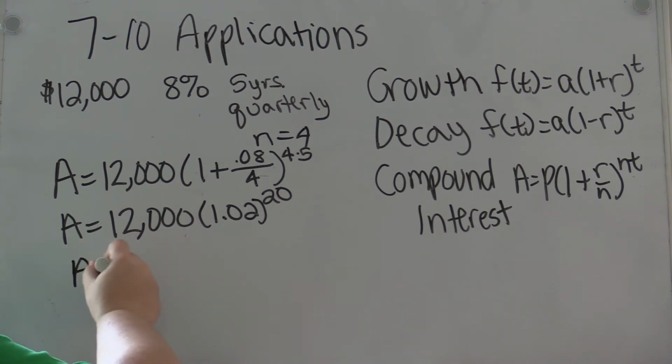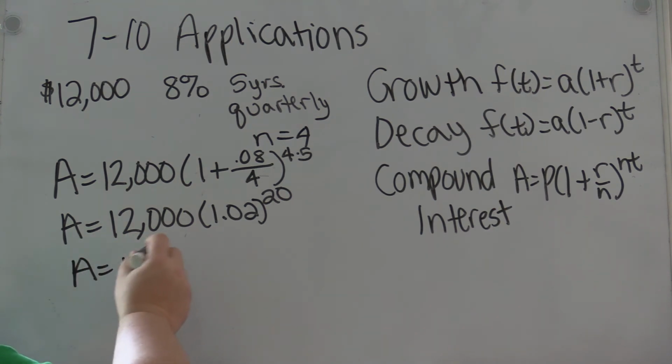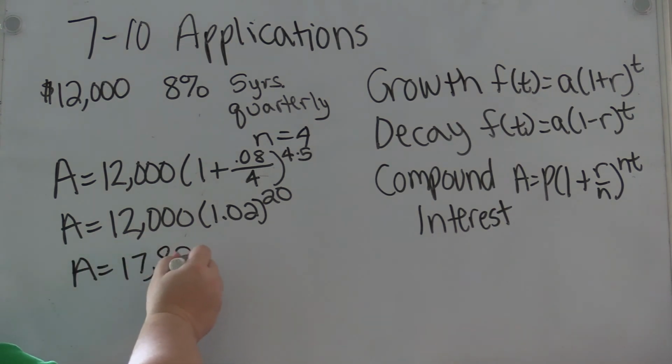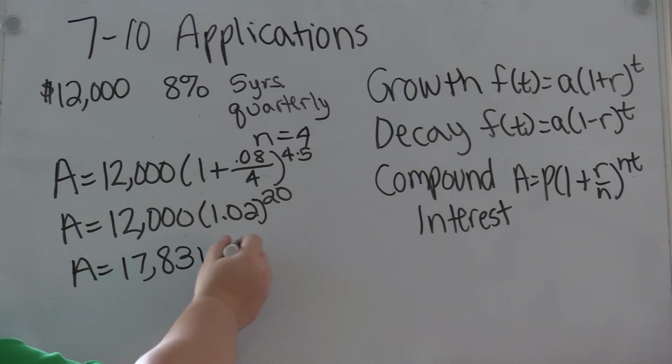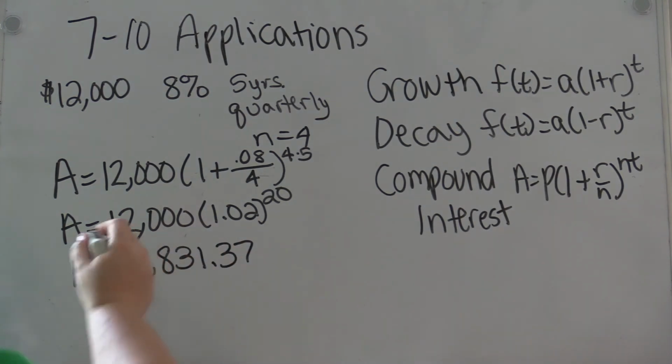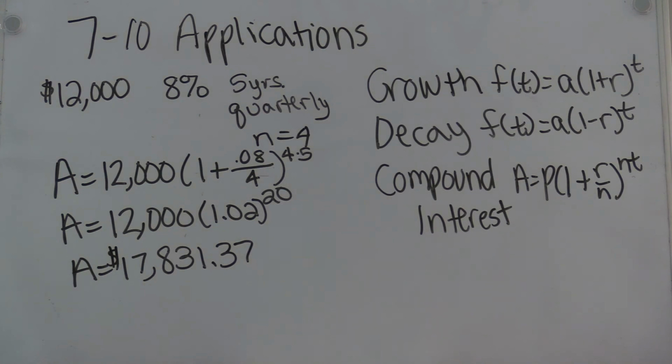So this means if she puts that money in the bank, she'll have $17,831.37 at the end of 5 years. That means that if she puts money in the bank and just lets it sit there, she's going to get a little more than $5,800 in interest just by having it sit in the bank. Interesting.